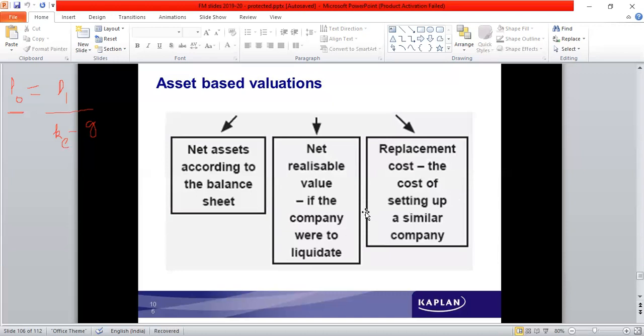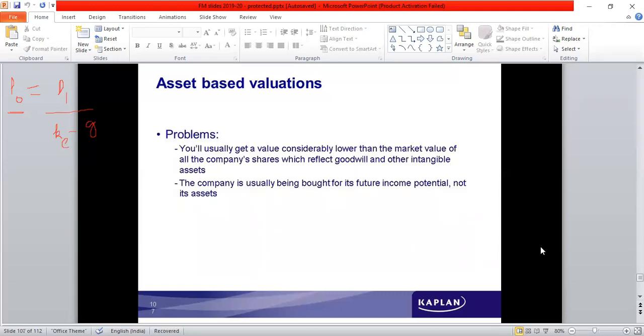If it is not to be liquidated, then the replacement cost of the assets has to be calculated. Replacement cost, the cost of setting up a similar company, has to be calculated. Then find out the amount which can be realized if they are liquidating, or if they have to replace that, that has to be looked into.